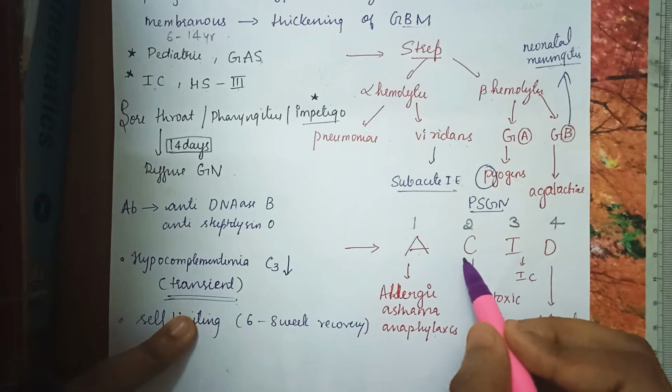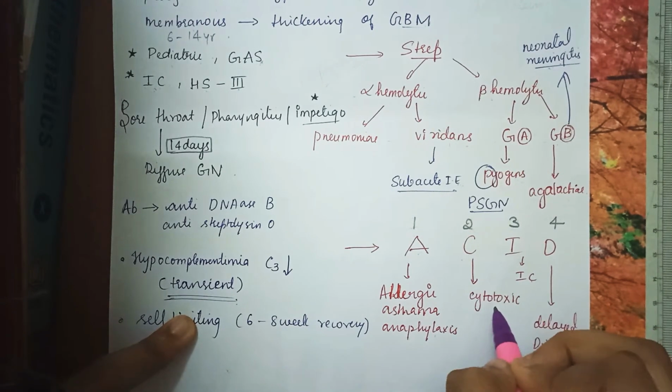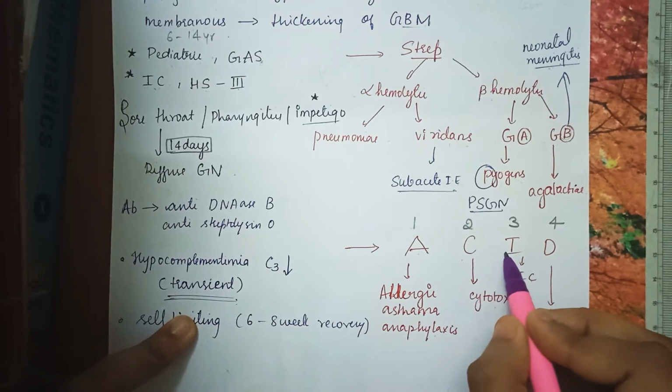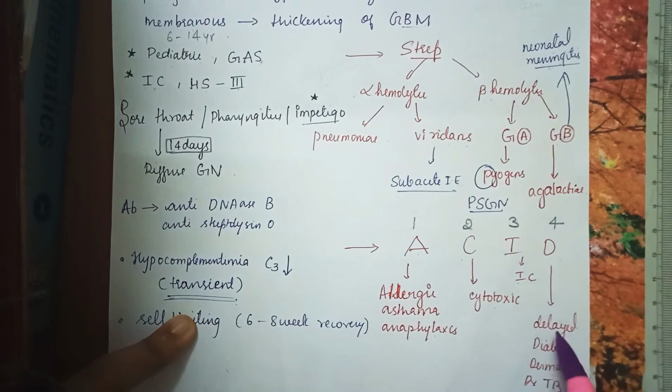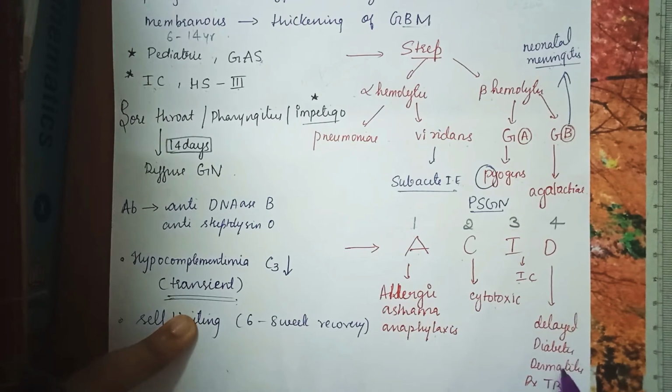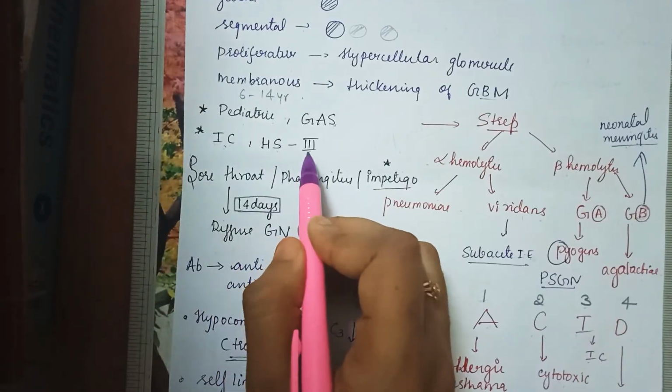Whenever I say C, it is nothing but cytotoxic. Whenever I say I, it is immune complex mediated. Whenever I say D, it is delayed reaction: diabetes, dermatitis, diagnosis of TB. So as I told, here immune complex is type 3 hypersensitivity.